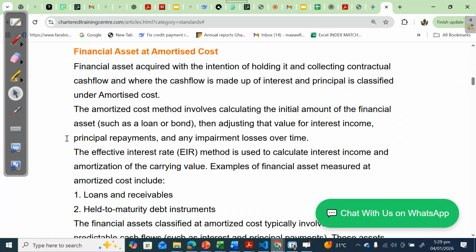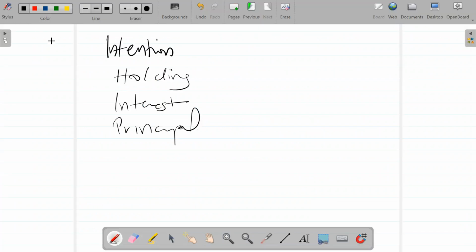So when we say financial assets at amortized cost, what is amortization? Anytime we hear of amortization, it's like we are breaking something into parts over a period.